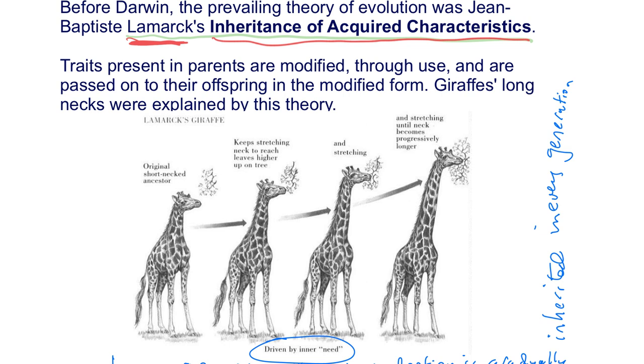But when that food resource got limited, because the population of short-necked giraffes grew, they stretched their necks harder. They worked hard to get those leaves that were on the next higher level.